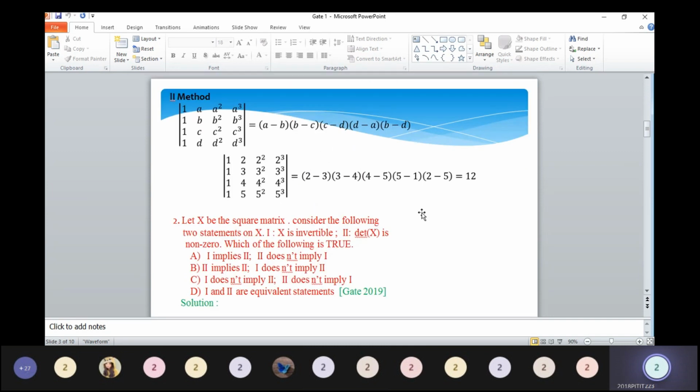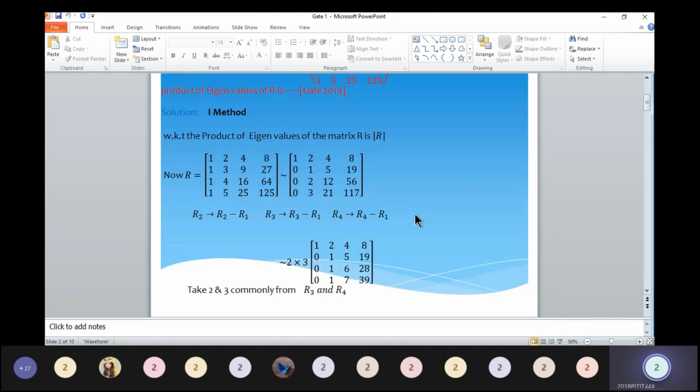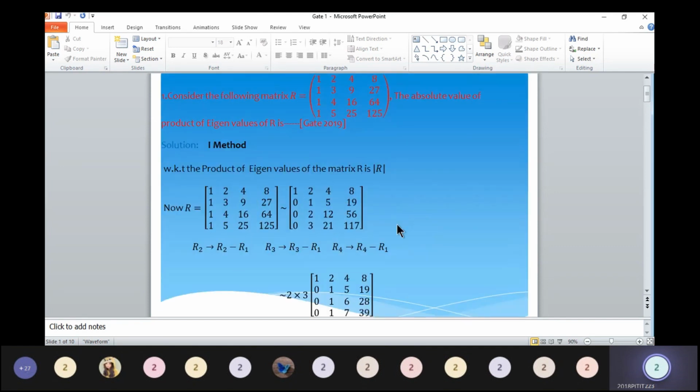So row echelon form, how will you get it? Making these three terms 0. R2 becomes R2 minus R1. 1 is the pivot element, the key element, and similarly R3 minus R1, R4 minus R1.